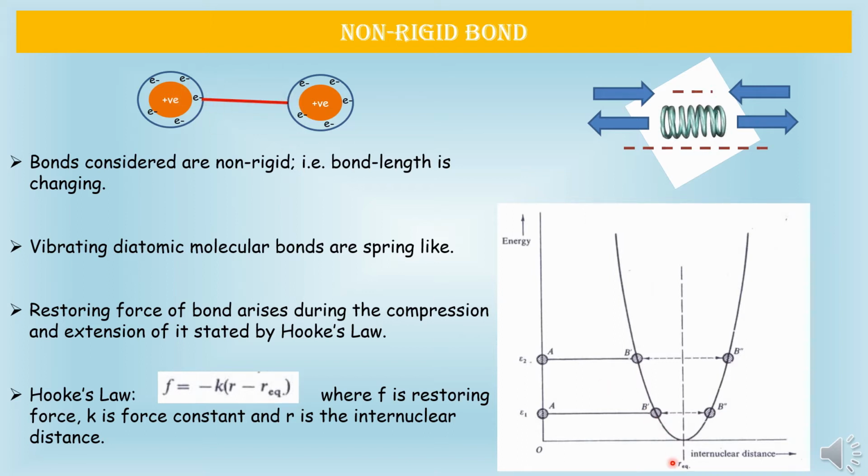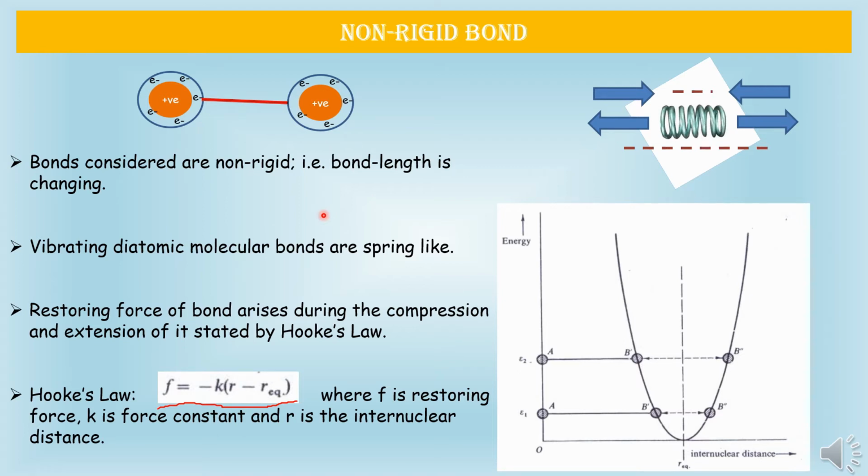Considering spring-like extension and compression in bonds, Hooke's law is followed by a bond as well. That is, F equals K into (R minus R equilibrium). R is the changed position, the position of the bond which is changing with respect to R equilibrium. K is a constant known as the force constant, and F is the restoring force.